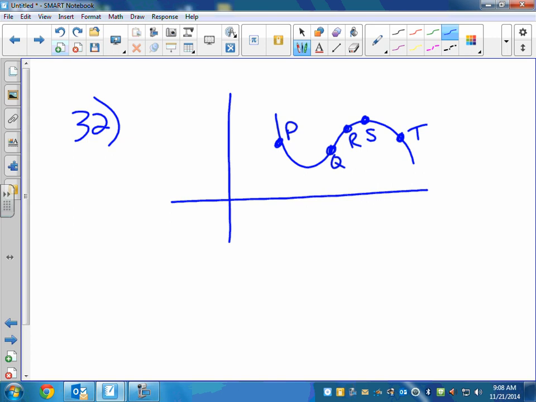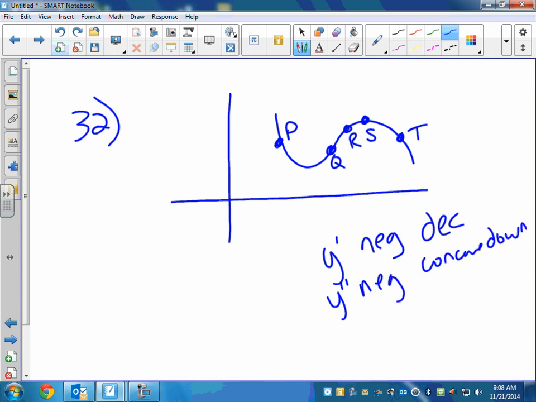23. 32 says, at which of the 5 points on the graph shown here are y and y prime and y double prime both negative? That's just checking that you know what that means, right? What does it mean if y prime is negative? It's decreasing, and what does it mean if y double prime is negative? Concave down. So at which of the 5 points is it decreasing and concave down?